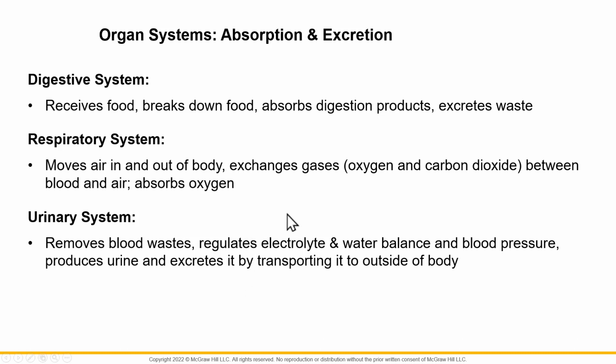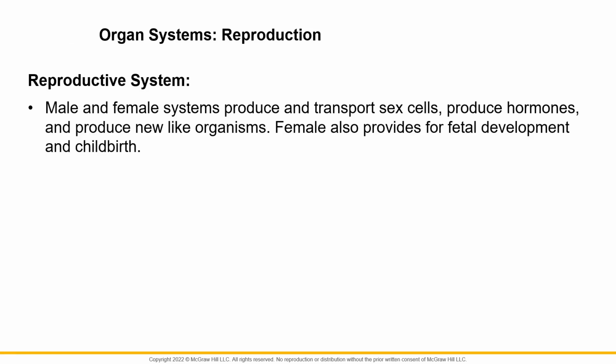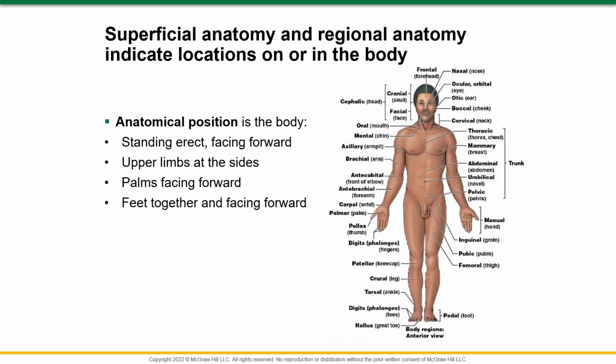So we're going to be breaking down food, we're going to be removing the waste, and we're going to be doing that using the oxygen that we're going to be breathing in. The reproductive system, again, AP2, we're going to look at male and female reproductive system and how that occurs, how we make sperm cells, how we make ova, that sort of thing, and how that baby develops.